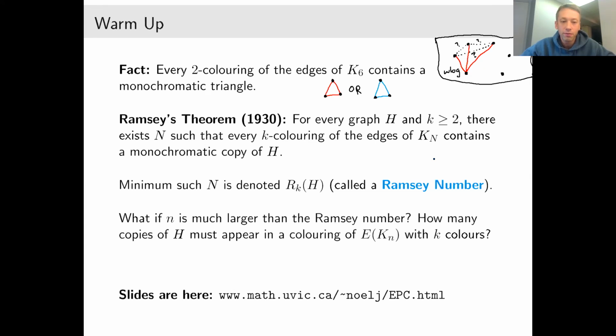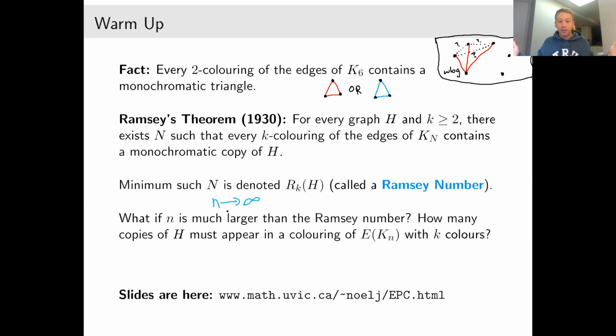So the real focus of this talk is going to be on the following type of question. Suppose that n is much larger than the Ramsey number R_k(H). When I say much larger, really what I mean is that you should think of n going to infinity, and we want to prove asymptotic results.